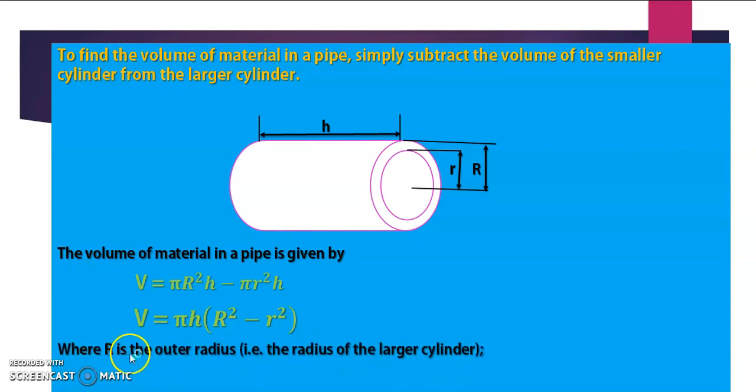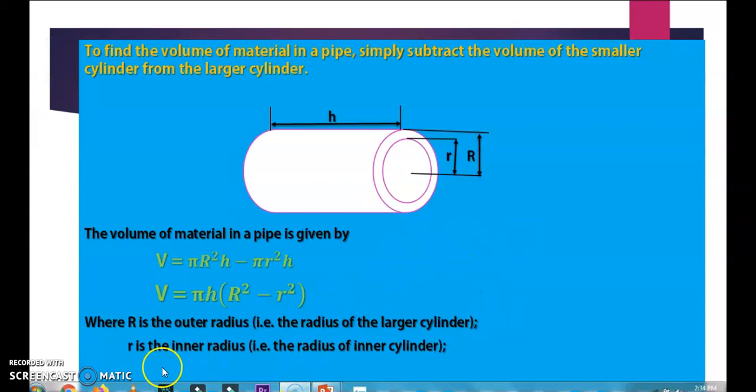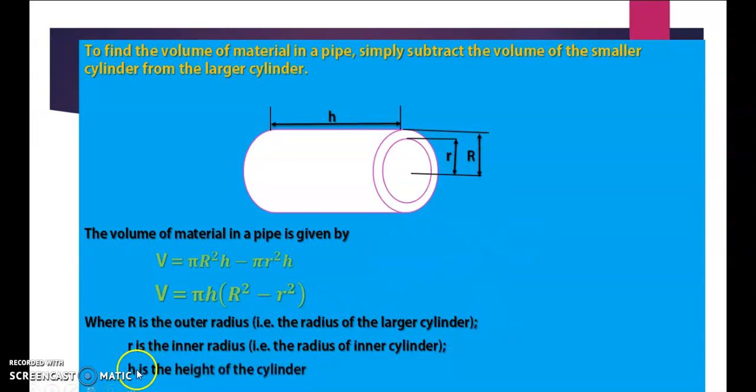Where R is the outer radius, that is the radius of the larger cylinder, and small r is the inner radius, that is the radius of the smaller cylinder. H is the height of the cylinder.